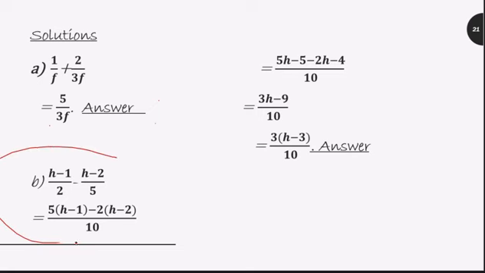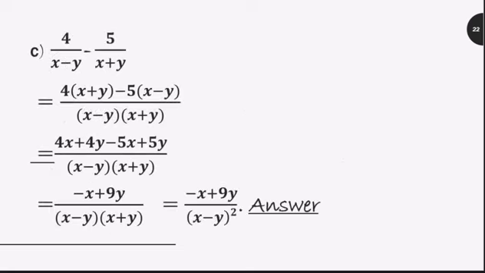So next you have this one. Okay, it's quite complex, such that you've got letters at the bottom. So how do you do with this, which has got letters at the bottom? Same procedures. Example, if you've got 1 over 3 plus 2 over 4.